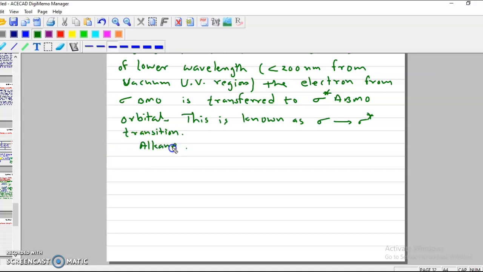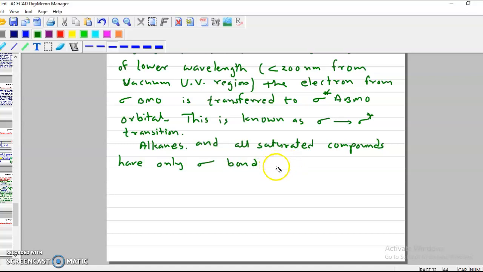Alkanes and all saturated compounds have only sigma bonds, and therefore only sigma to sigma star transition is seen in such saturated compounds.